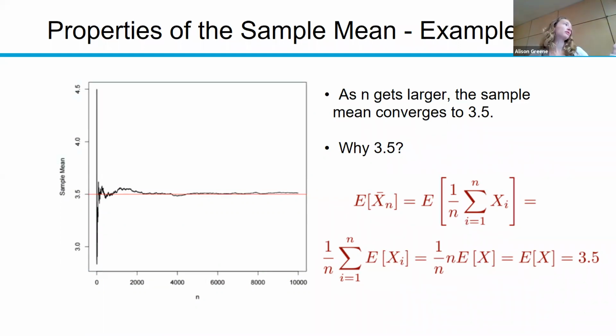Maybe we took a sample of 5 observations and we just got really unlucky and sampled the 5 smallest observations or the 5 largest. So we have a lot of variability in our estimate as the sample is small, but as our sample size increases and gets closer to the true population size, we're going to converge to that true mean.